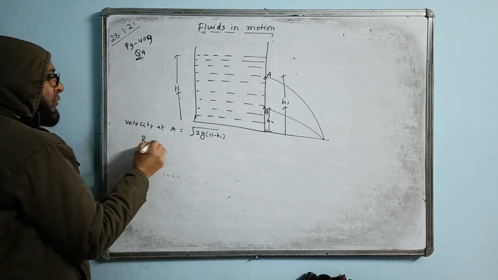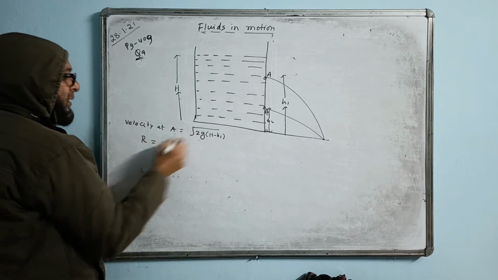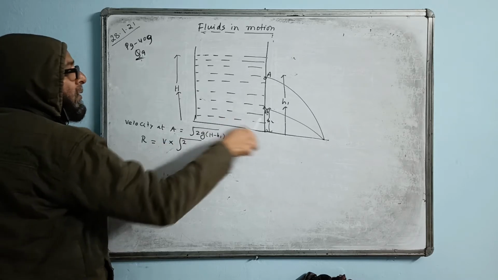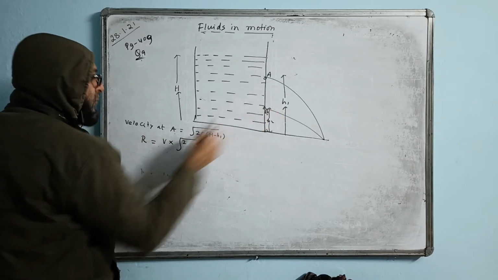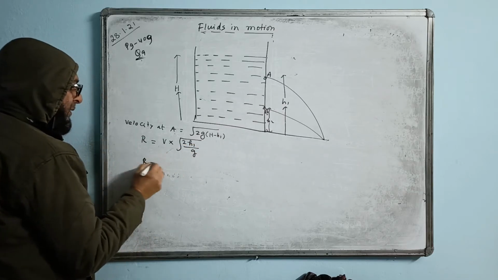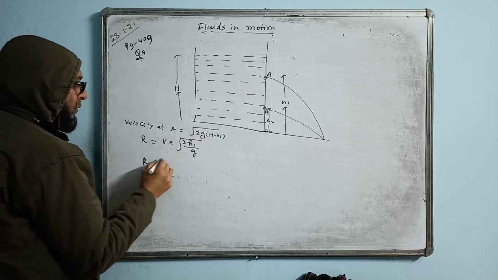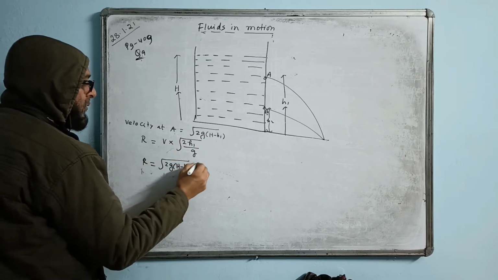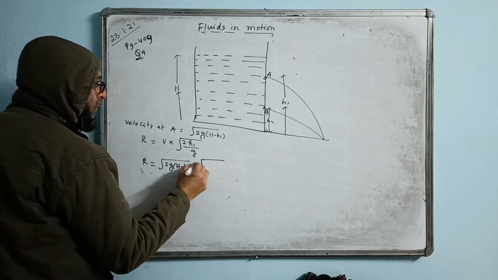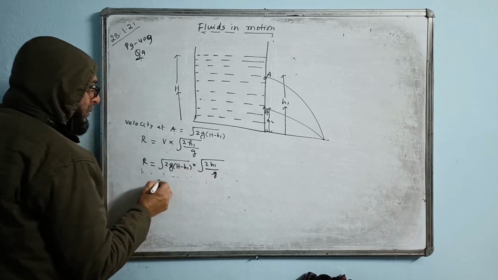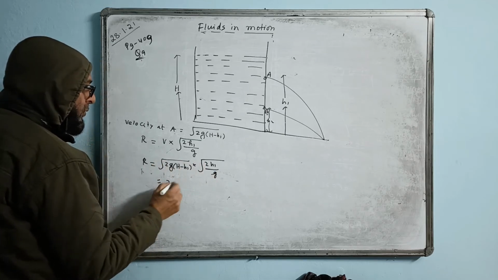Therefore, the range for A will be velocity into time, that is 2 into this height, h1, by g. Putting the value of v, root of 2g(h minus h1), into 2h1 by g, g and g cancel, 2 comes out.